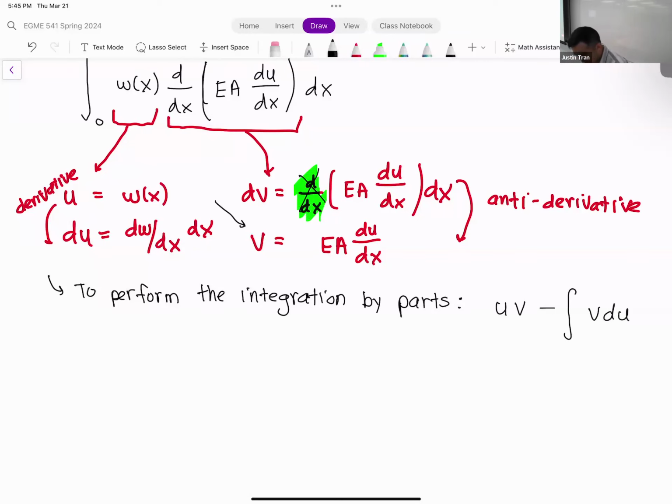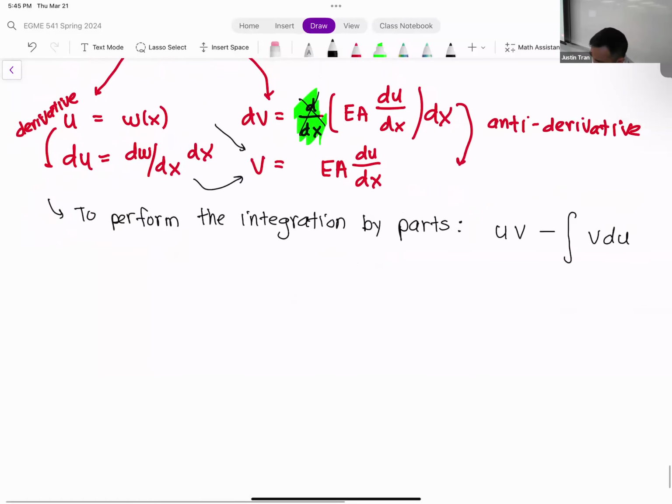So let's compute that. We have u times v. So u times v is w of x times EA du/dx.